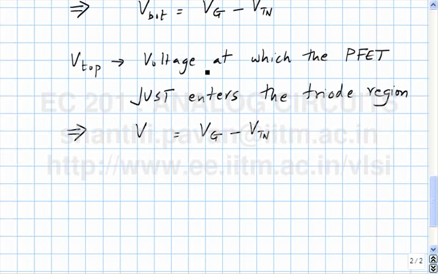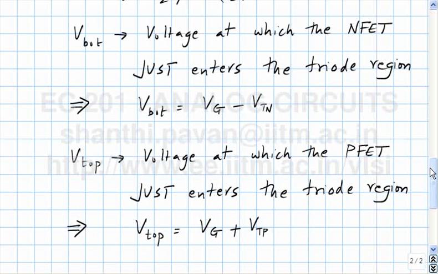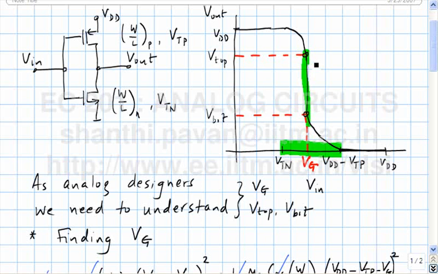Okay, so V top is nothing but VG plus VTP. So given the geometry of the transistors and their properties, you can figure out everything that you wanted to know about this curve. You will be able to calculate VG, you will be able to calculate when this infinite slope characteristic ends on the y-axis.